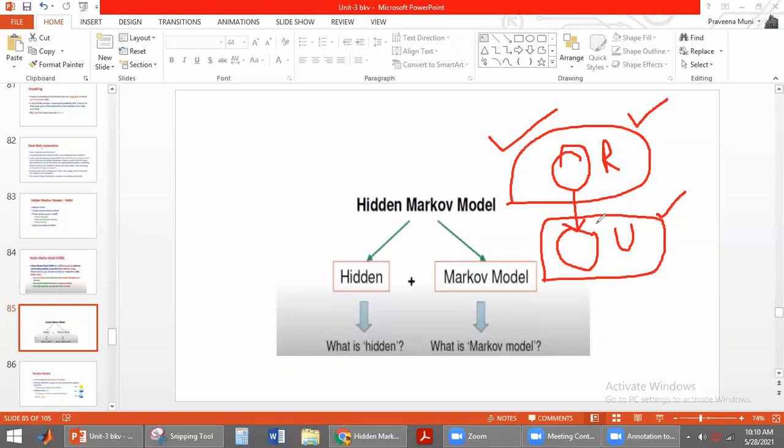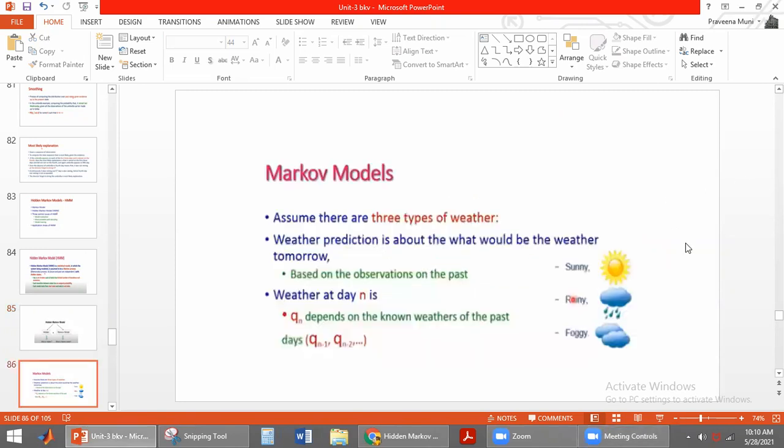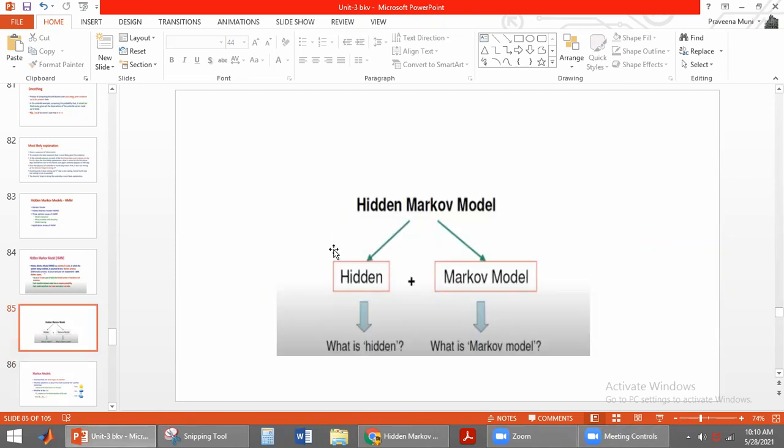We get information about the weather only through the observed variable. Whenever he sees the umbrella, he gets information about the weather outside. So rain is the hidden variable and the umbrella is the evidence variable. That is called hidden.